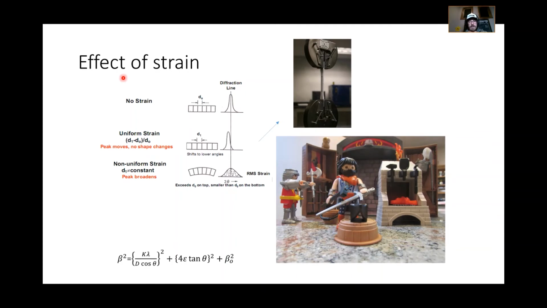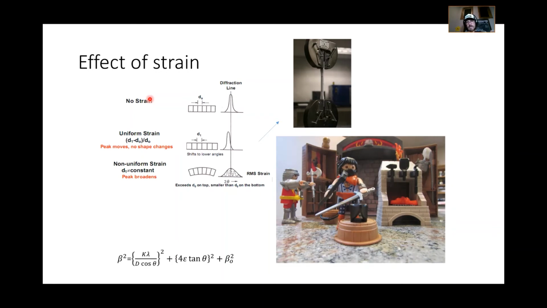And if you have non-uniform strain, like what my blacksmith guy is doing here on my kitchen counter, you get peak broadening, okay? And you also get a lower intensity as well. And you can figure out the amount of strain induced on your specimen by this equation below. I'm struggling to get my laser pointer to move down there.